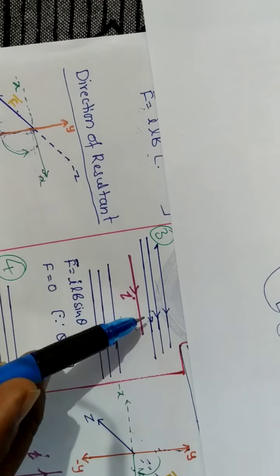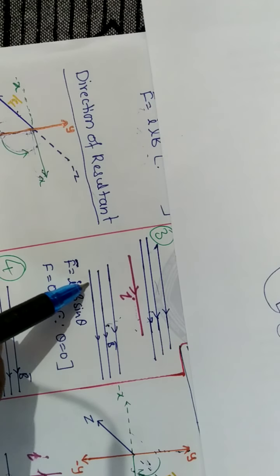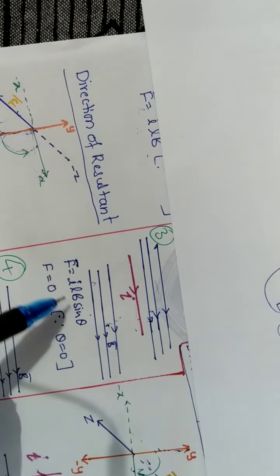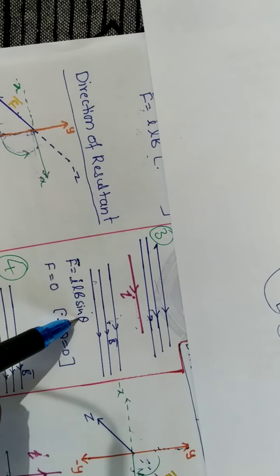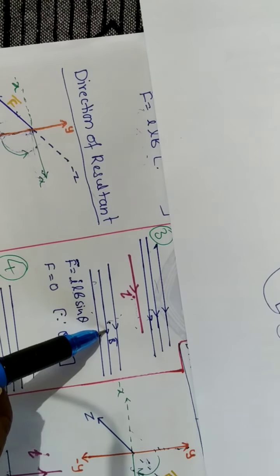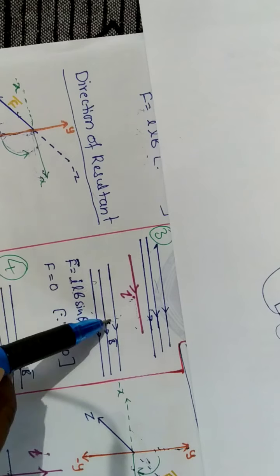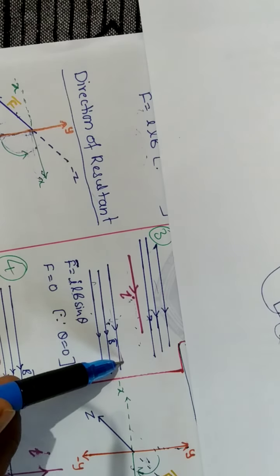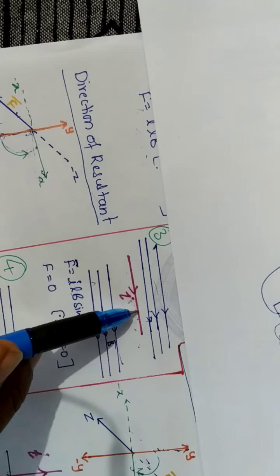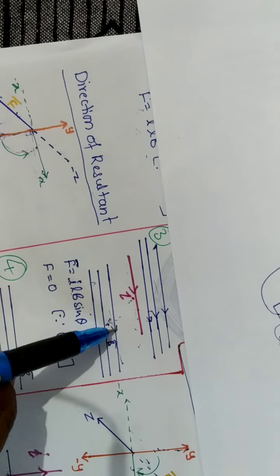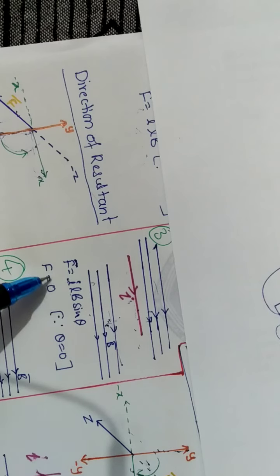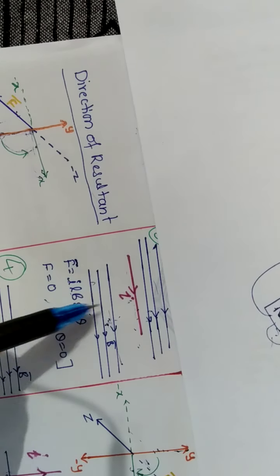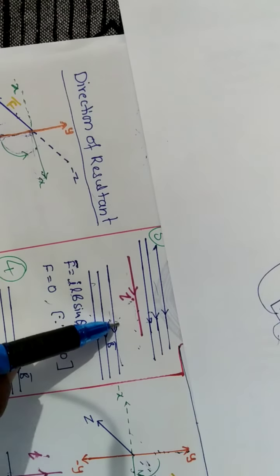The formula is the same, I L bar cross B bar, and we get I L B sine theta, where theta is the angle between I bar and B bar. In this diagram I is pointing in the horizontal direction, B bar is also pointing horizontally. The angle between these two is 0. Sine 0 is 0, so the whole force becomes 0. So no force is acting on this wire.